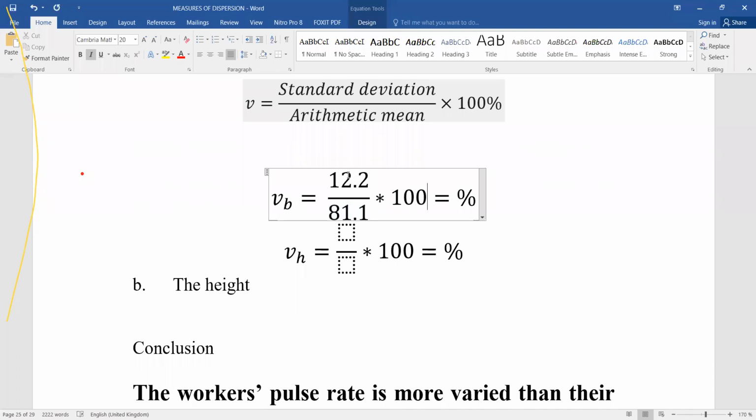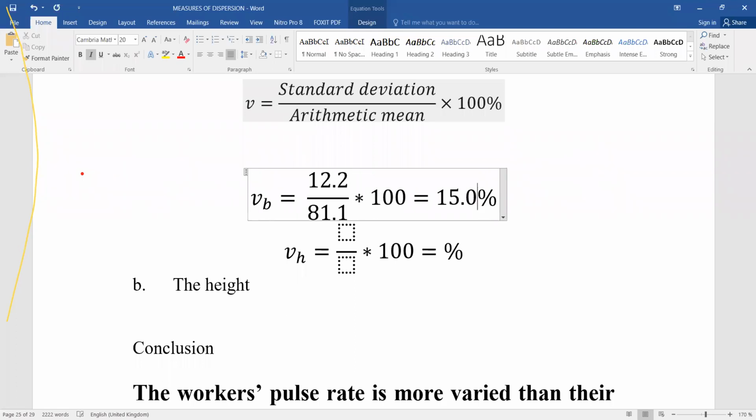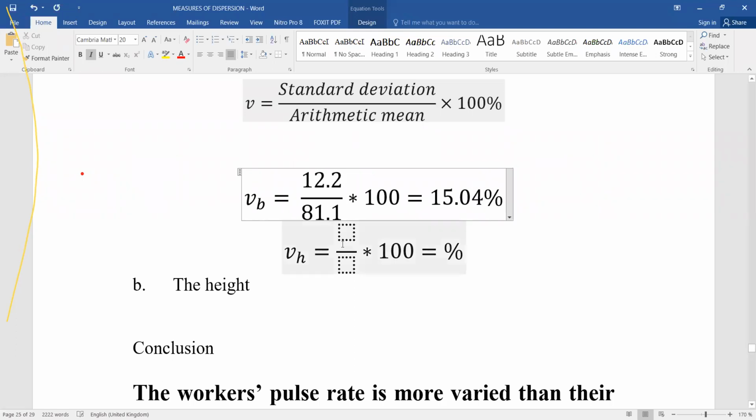So what is the CV equal to? The coefficient of variation? We have 15.04.